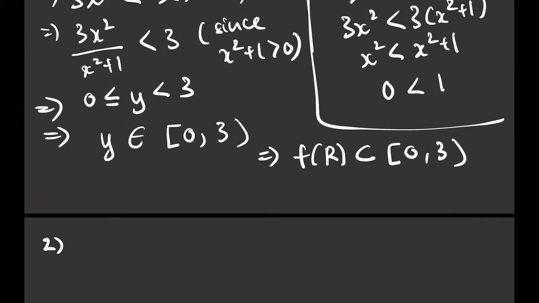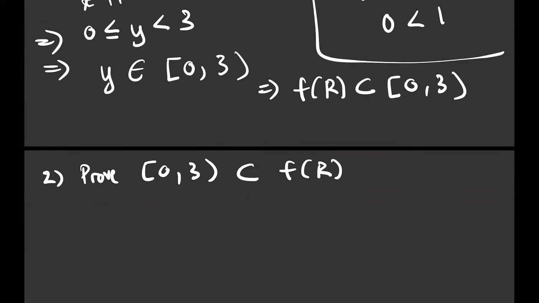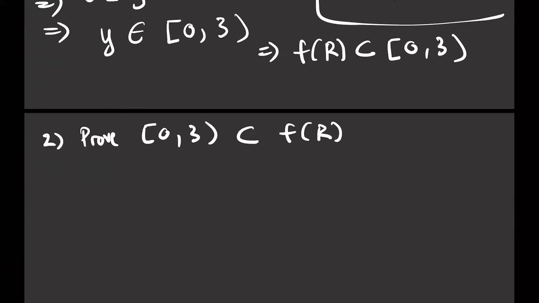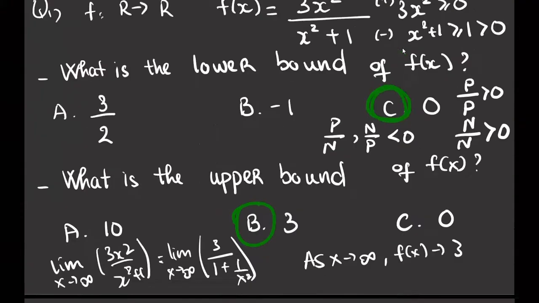The next thing we have to do is prove that the interval 0 to 3 is a subset of f of R. So you will take y from the interval 0 to 3. We need to find it out. That's why I let you vote.